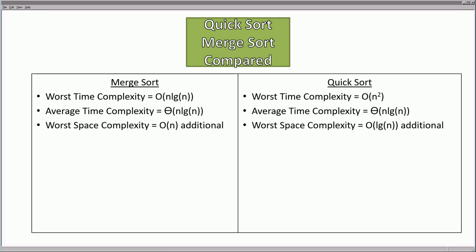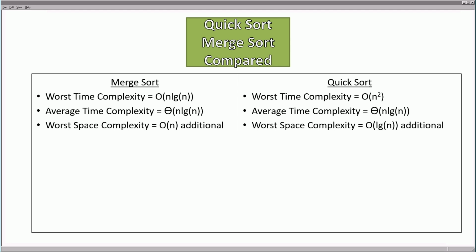Of course, there's more to the story than just the time complexity, because we can look at the worst time complexities of merge sort, which is n log n, versus quicksort, which is n squared. However, that is only one side of the story, because we can also look at another mathematical notation called big theta. This corresponds to the average time complexity.